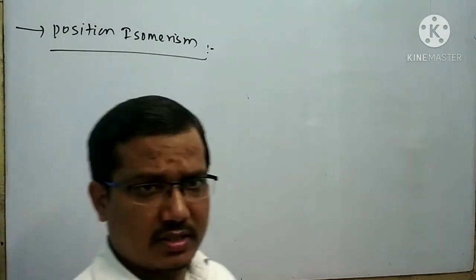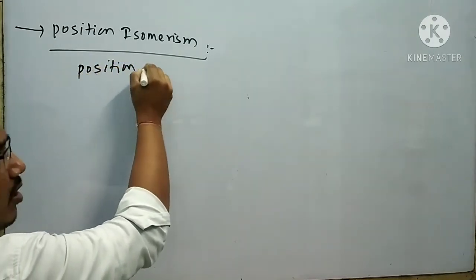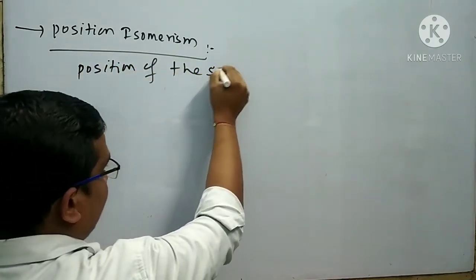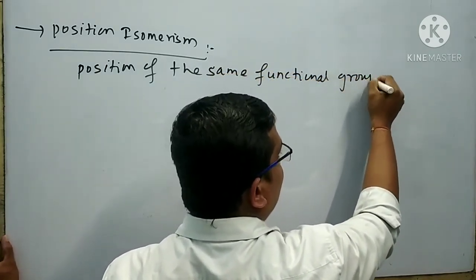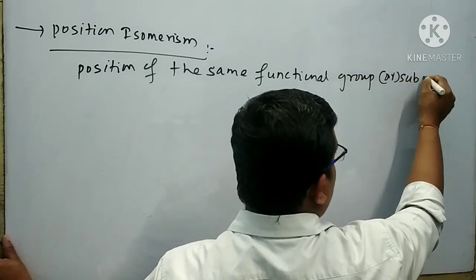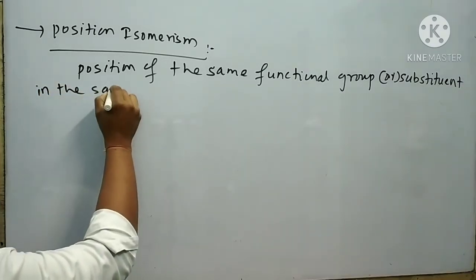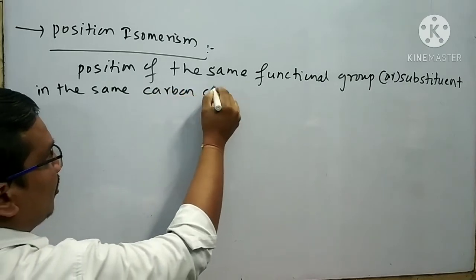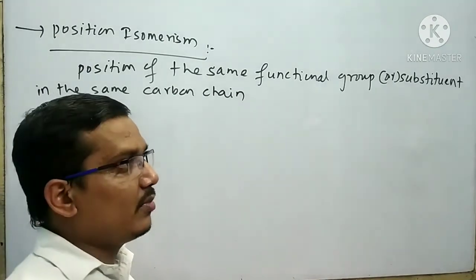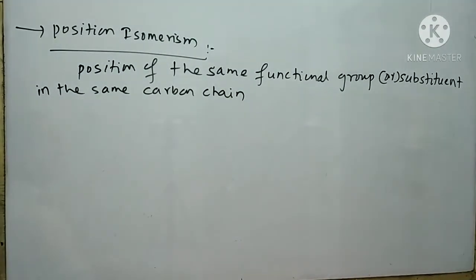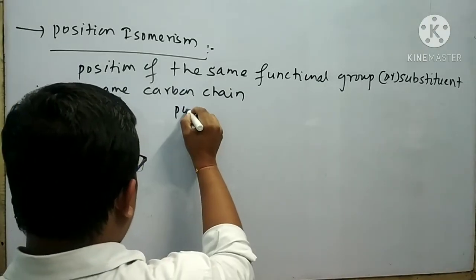The isomerism that arises due to the difference in position of the same functional group or substituent in the same carbon chain is called position isomerism, and the compound exhibiting position isomerism is called a position isomer.